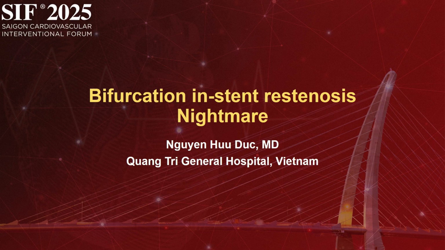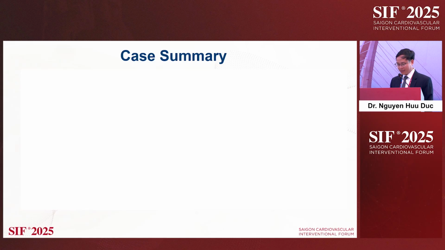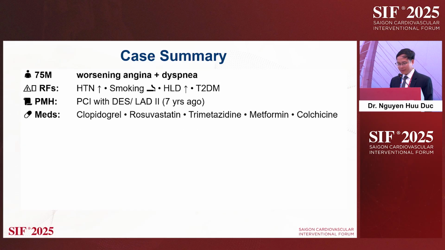Thank you everyone for the presentation. My case, in normal case, routine PCI, is a 75-year-old male. The patient came with angina and dyspnea, and has hypertension, smoking, and type 2 diabetes.